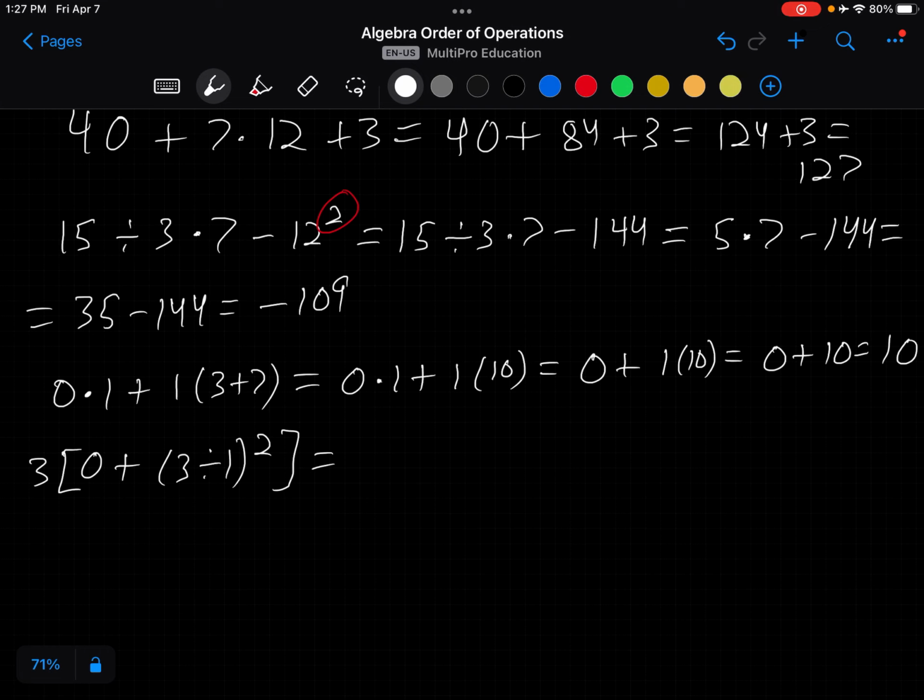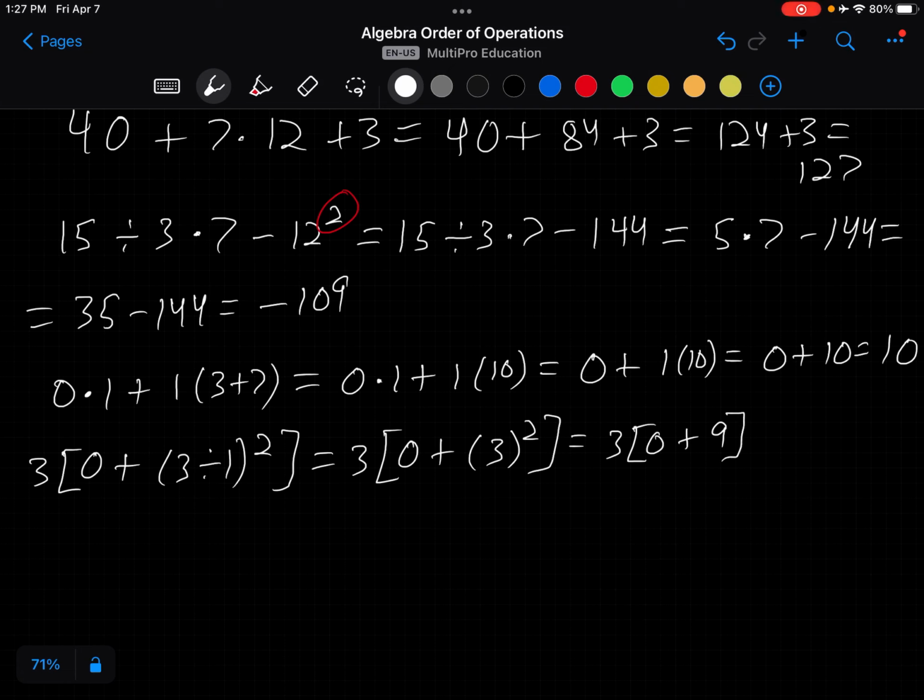So do we have any parentheses? We do. Let's solve the parentheses first. 3 bracket 0 plus 3 divided by 1, it's 3 squared, okay. Now, we have a 3 in parentheses, but we solved everything in the parentheses, so there's nothing left to solve there. So let's do the exponent.